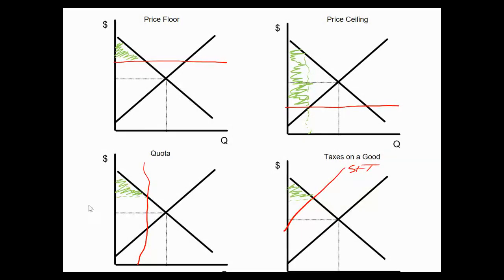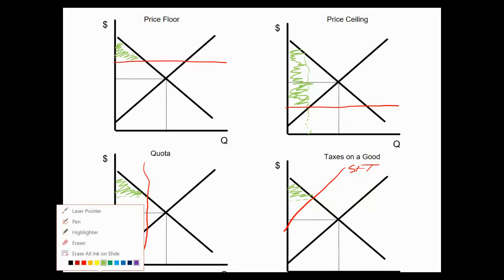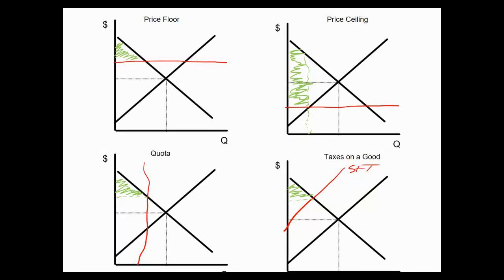That would be consumer surplus. And let's pick another color for producer surplus. So the purple would be producer surplus.